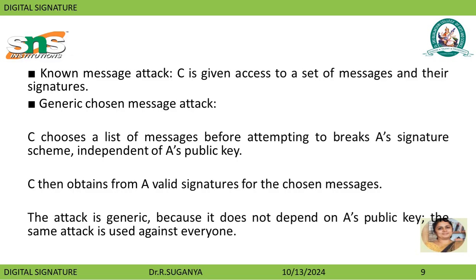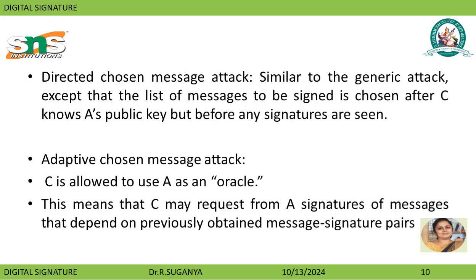The attack is generic because it does not depend on A's public key, and the same attack is used against everyone. Directed chosen message attack: it is similar to the generic attack except that the list of messages to be signed is chosen after C knows A's public key but before any signatures are seen.